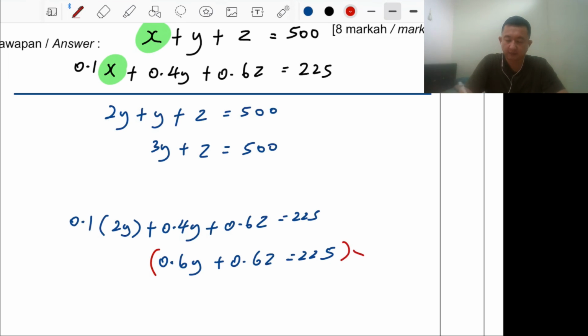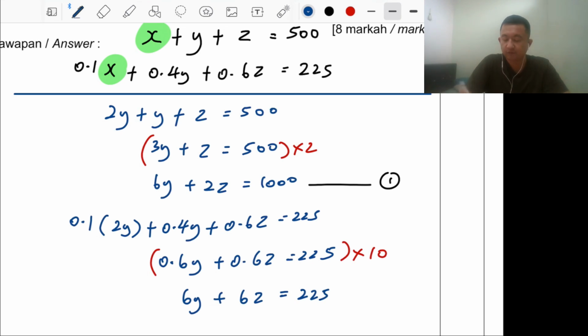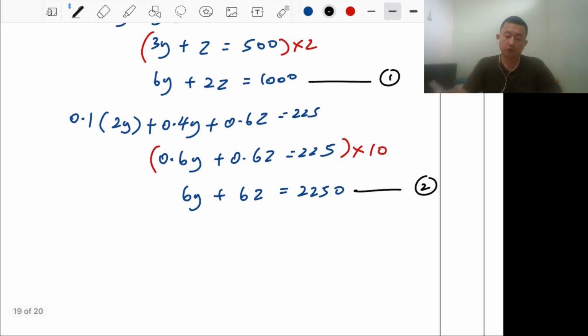This one times 10, this one times 2: 6y plus 2z equals 1000. Equation 1. 6y plus 6z equals 2250. This is equation 2.